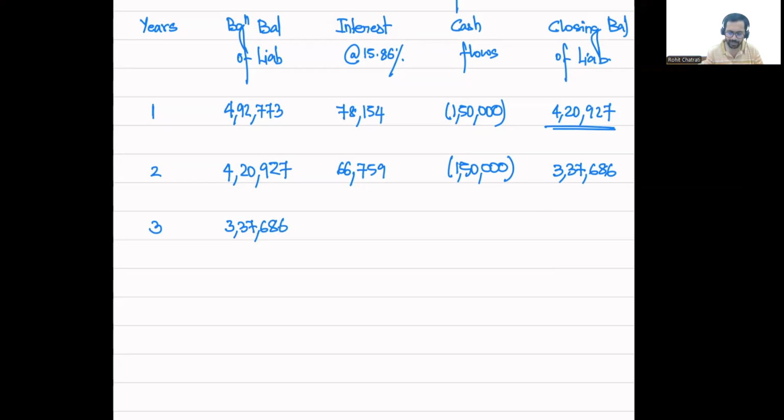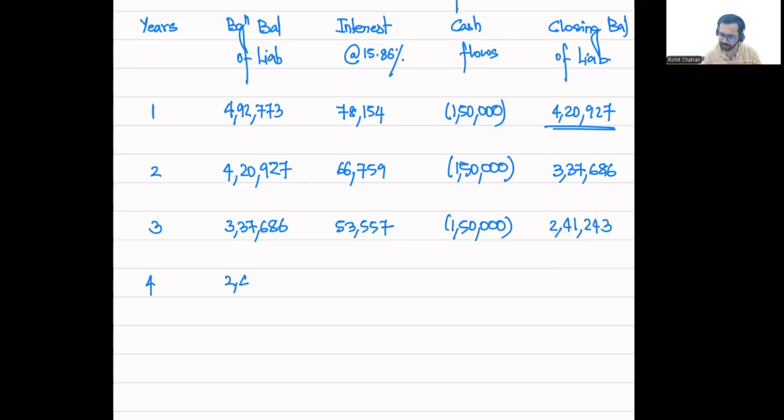My beginning balance for year 3 will be 3,37,686 multiplied by 15.86 percentage, which is going to be 53,557 of interest. My closing liability will then be equal to 337,686 plus 53,557 less 1,50,000, which is equal to 2,41,243.